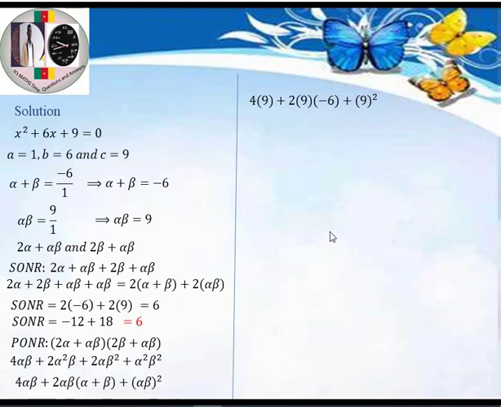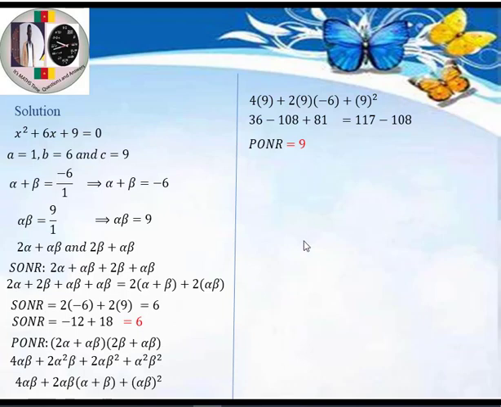If we evaluate that, we have 4 times 9, which is 36, minus 108, plus 81. So 36 plus 81 is 117, and 117 minus 108 gives us 9. So the sum of new roots is 6 and the product of new roots is 9.